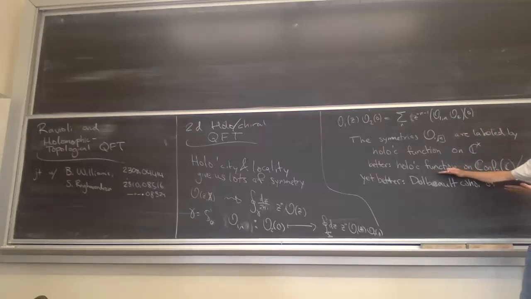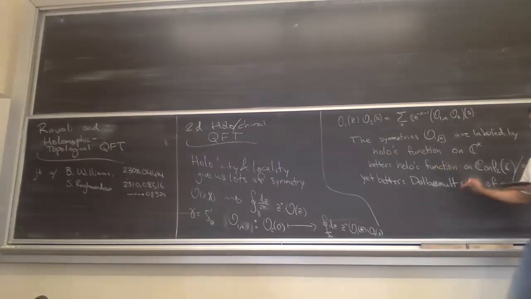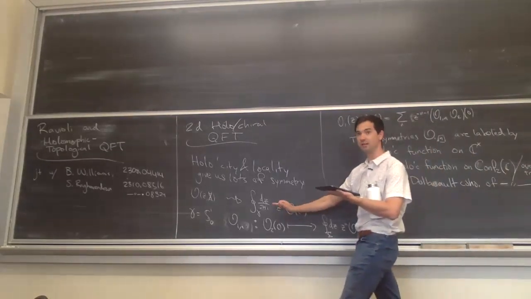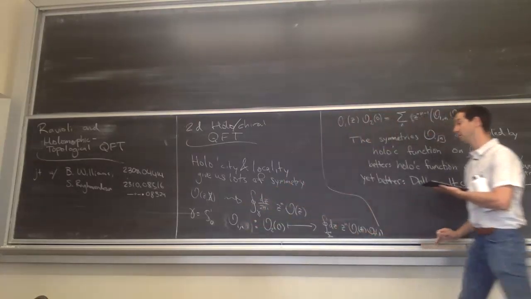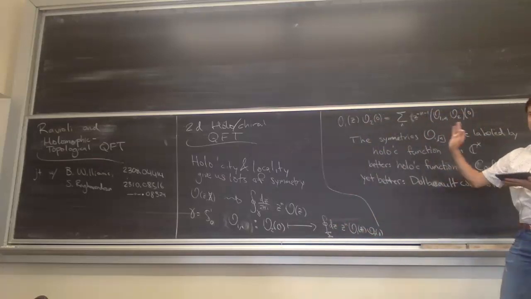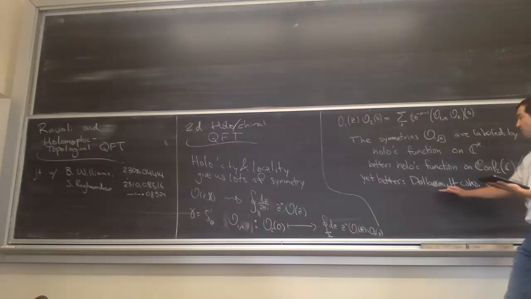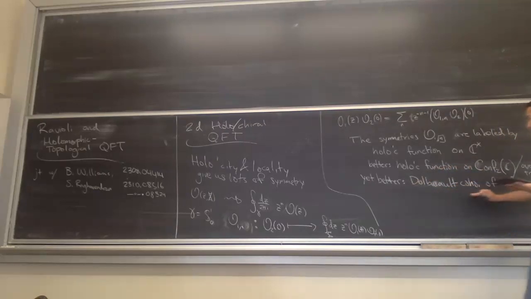But the more refined way of saying it is that I could have put any holomorphic function here and gotten a symmetry, sort of like O1 comma F, where F is my function. And this is just some particular choice of basis on that space of functions. Rather than talking about just global functions, we can get away with that here, but you should really think Dolbeault cohomology of this configuration space, not just H0.